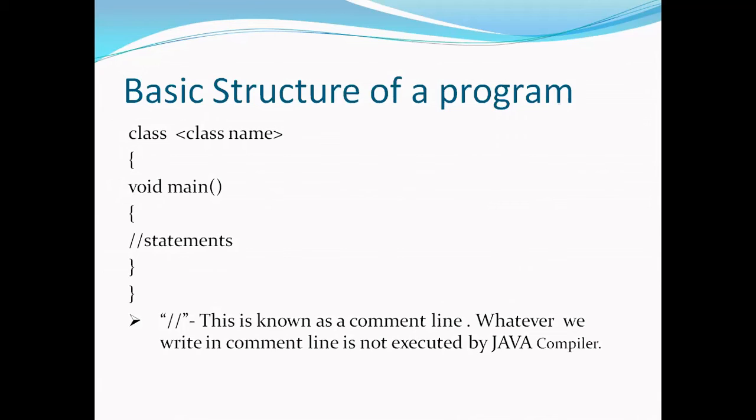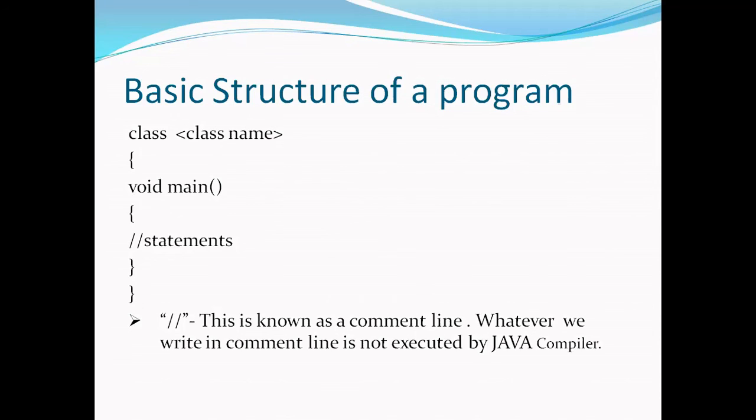You can use the two slashes and write whatever you want. But the main thing is the Java compiler will not read it. That part is just for your need and your explanation. The Java compiler has nothing to do with that. Inside the void main block, inside the curly braces, your main program is executed.